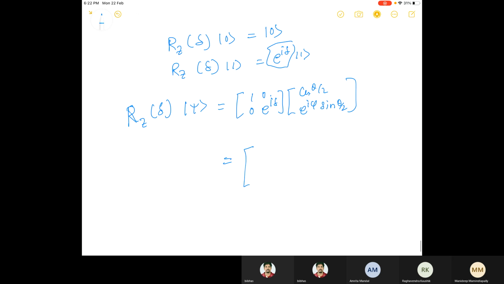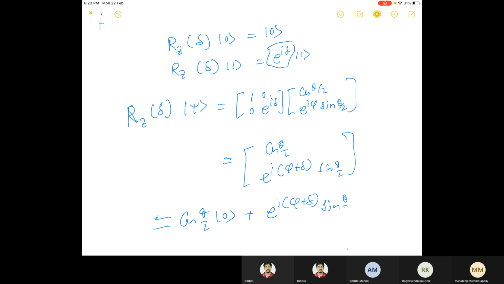It becomes cos theta by 2, e to the power i (phi plus delta) sine theta by 2. Then this is nothing but cos theta by 2 times 0, plus e to the power i (phi plus delta) sine theta by 2 times 1.